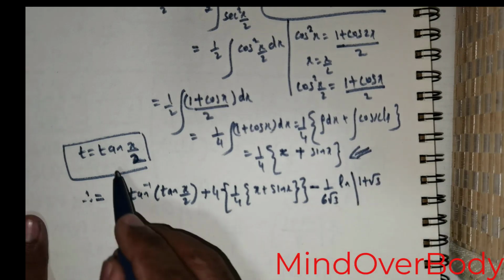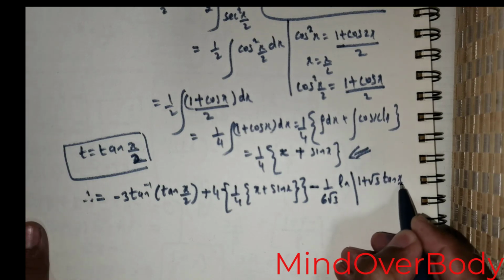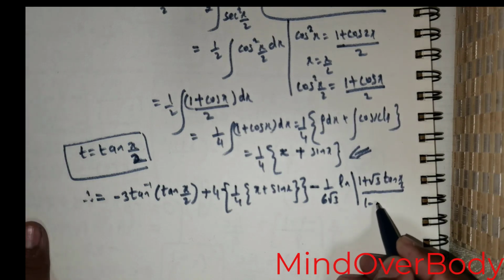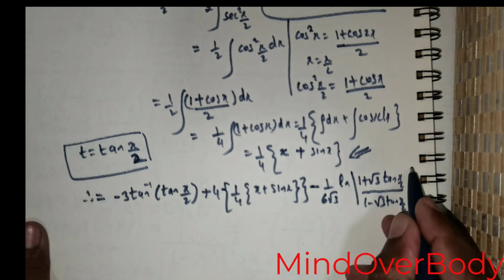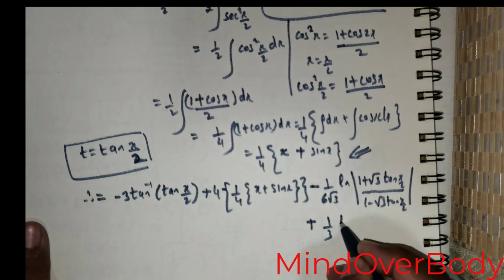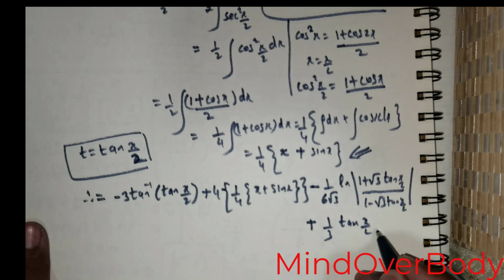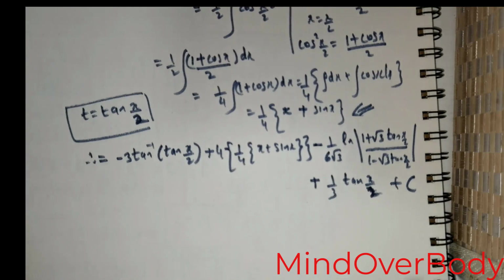My t is tan of x over 2, so just substitute that: tan of x over 2, divided by 1 minus root of 3 times tan of x over 2, the modulus sign is there, plus 1 over 3 times my t, which is tan of x over 2. So this is what I've got, plus of course arbitrary constant c. Now you can do a few simplifications.